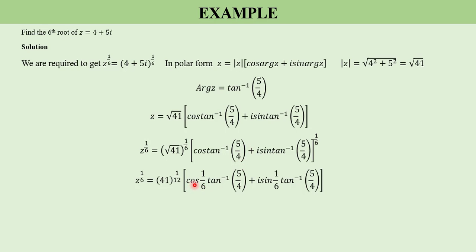So it will be cos of 1 over 6 times tan inverse of 5 over 4, plus i sin of 1 over 6 times tan inverse 5 over 4.